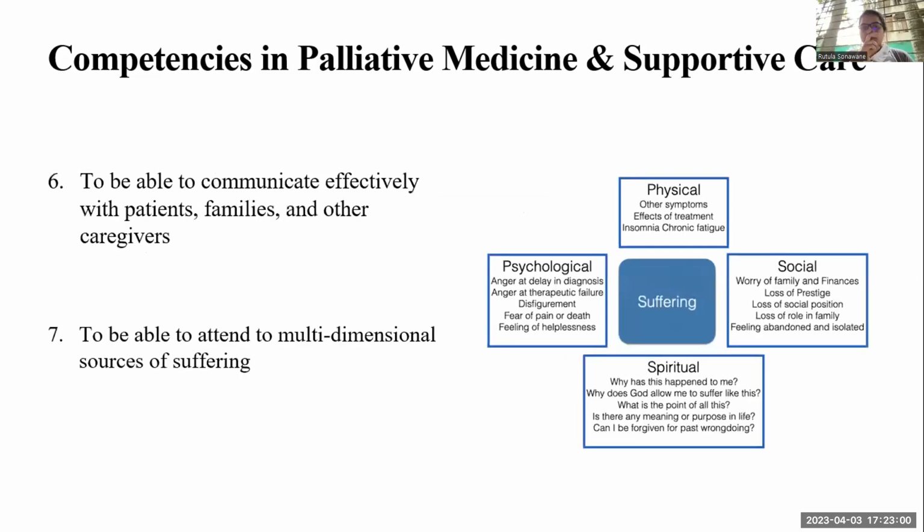Next slide, please. Then of course it's necessary to communicate effectively with the patient's family and the other caregivers, and always remember that all of the symptoms, all of the suffering that the patient is going through is always multidimensional. Everything is interrelated.